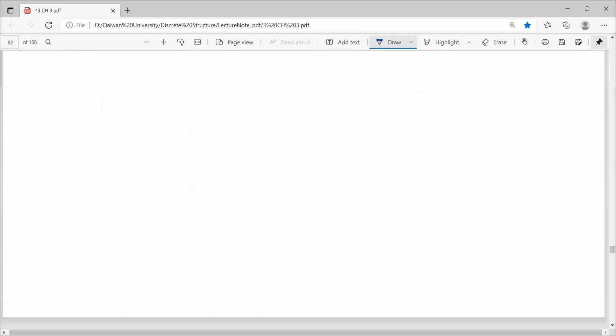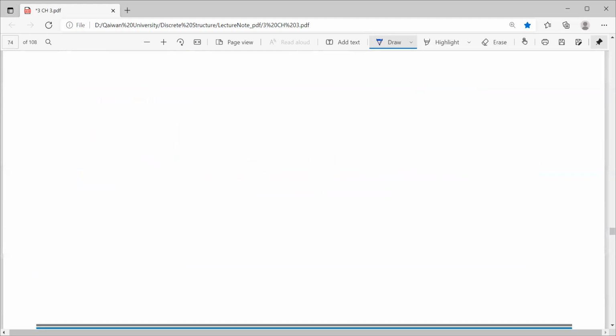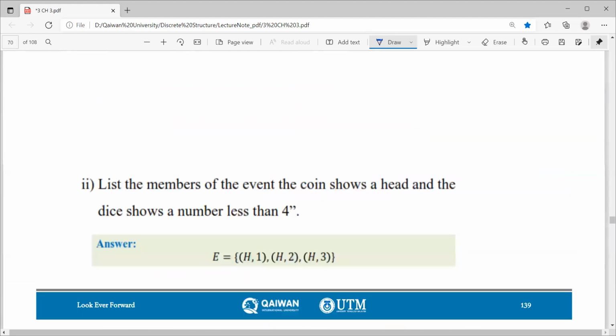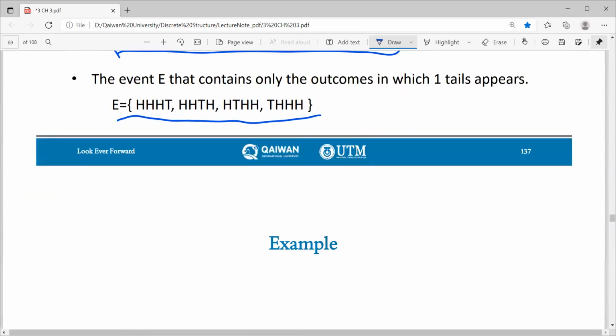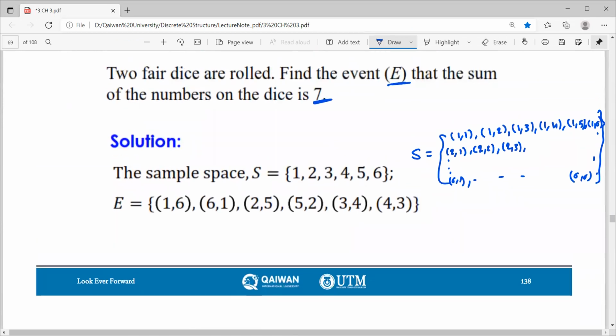That means we're going to write them down. Here we have 1 6, 6 1, 2 5, 5 2, 3 4, 4 3. We have only these 6 possible outcomes, which the sum of both occurred numbers is 7.